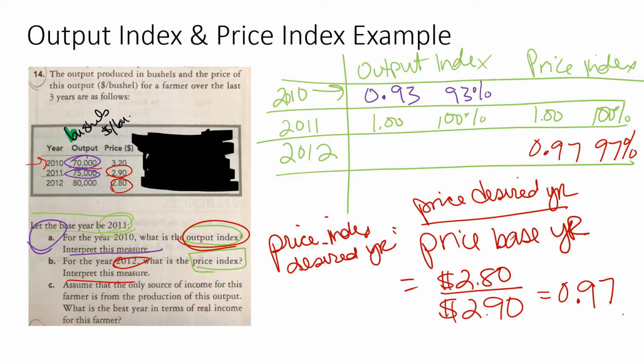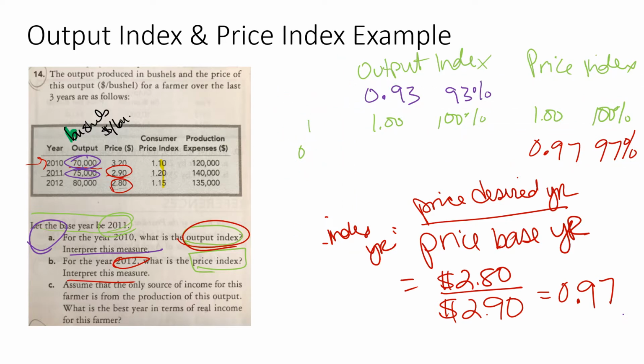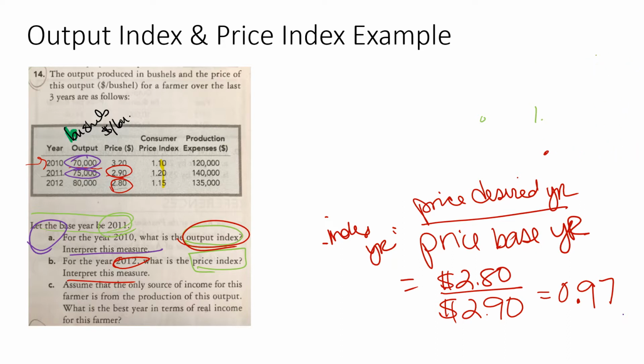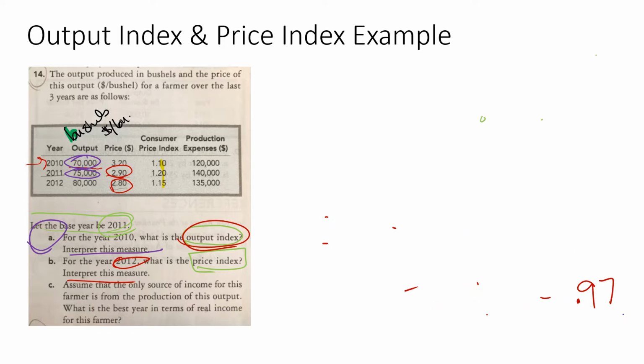Okay, part C is a little bit trickier, and it brings in all of these parts that I erased. Okay, so let me erase all of this. And then we will get to part C. Okay, so part C. Assume that the only source of income for this farmer is from the production of this output.